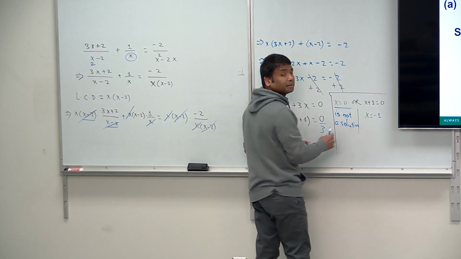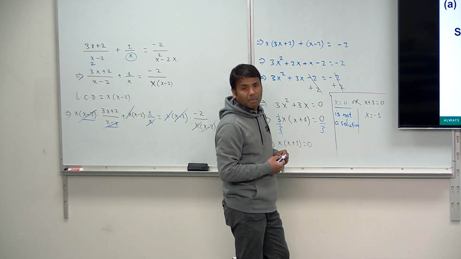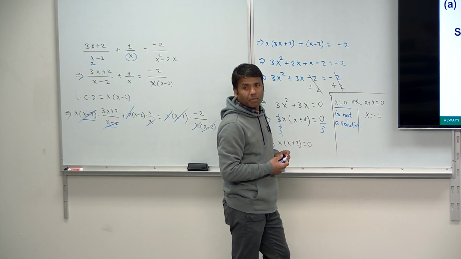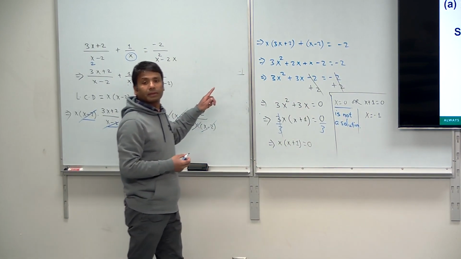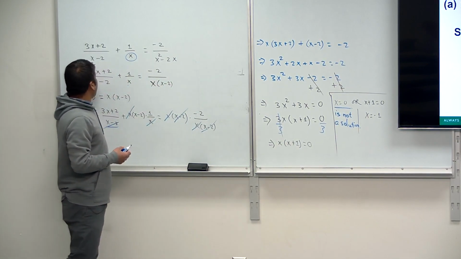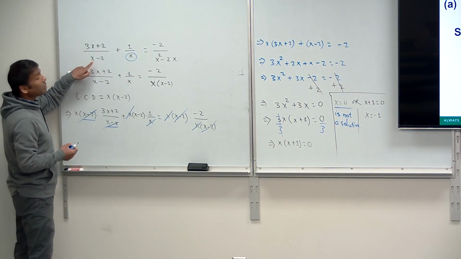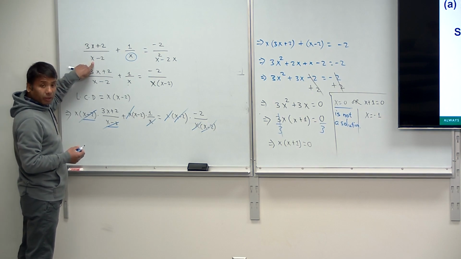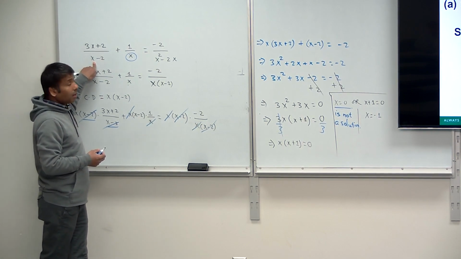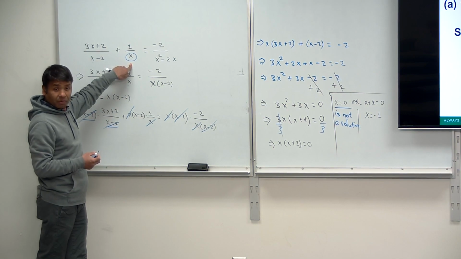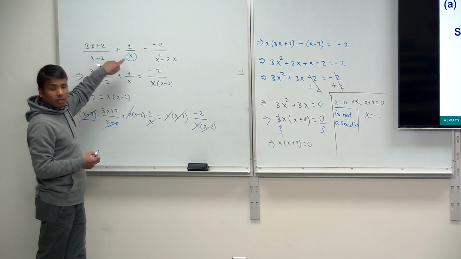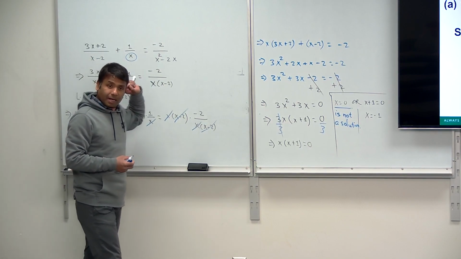Are you guys with me? If I plug in x equal to 2, what makes the denominator 0? You know, the value of x equal to 2 and the value of x equal to 0 make the denominator 0, right? So that means 2 and 0 cannot be a solution, right?